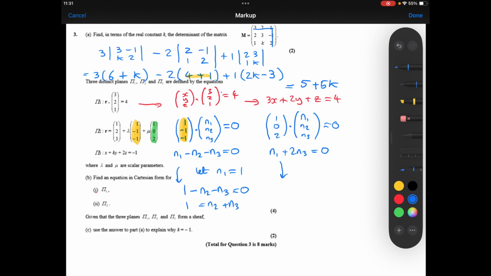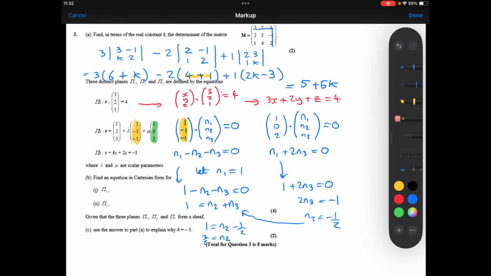According to the second equation, we'll have 1 plus 2n3 is equal to 0. So therefore 2n3 is equal to minus 1, and n3 is equal to minus 1/2. Which I can then plug in here to find that 1 is equal to n2 minus 1/2. Therefore n2 is 3/2.